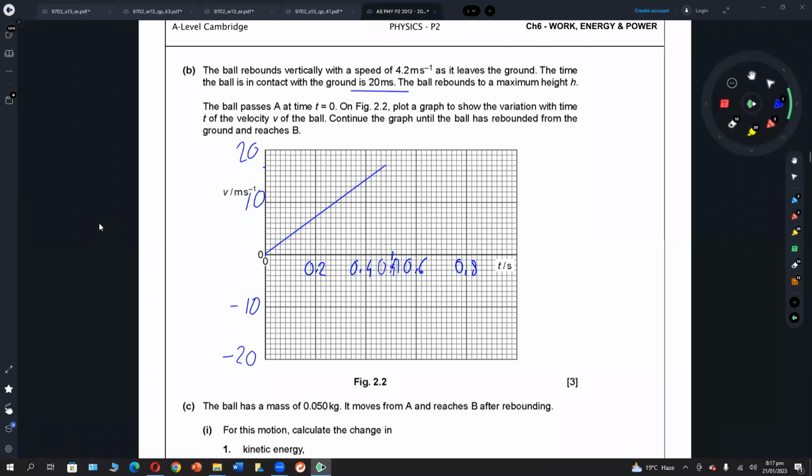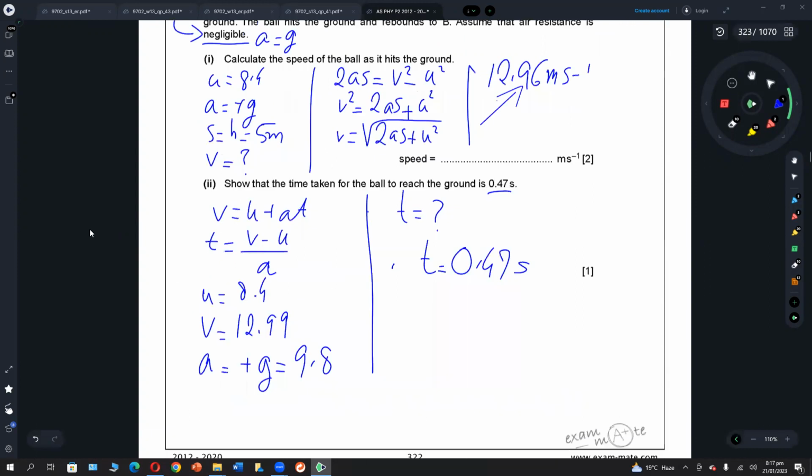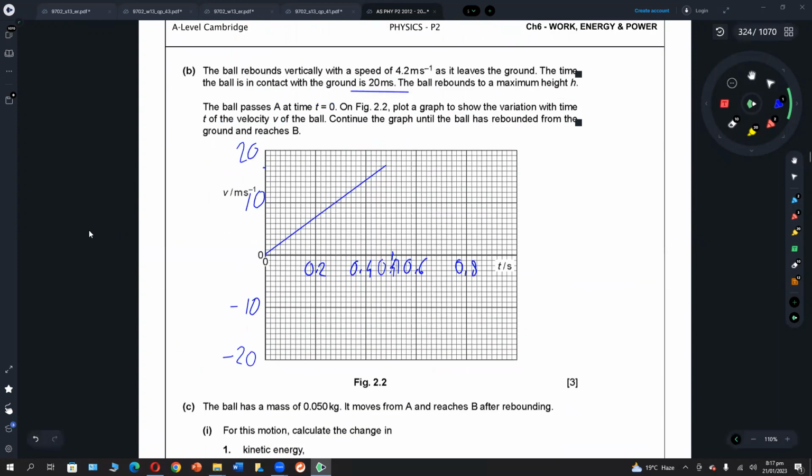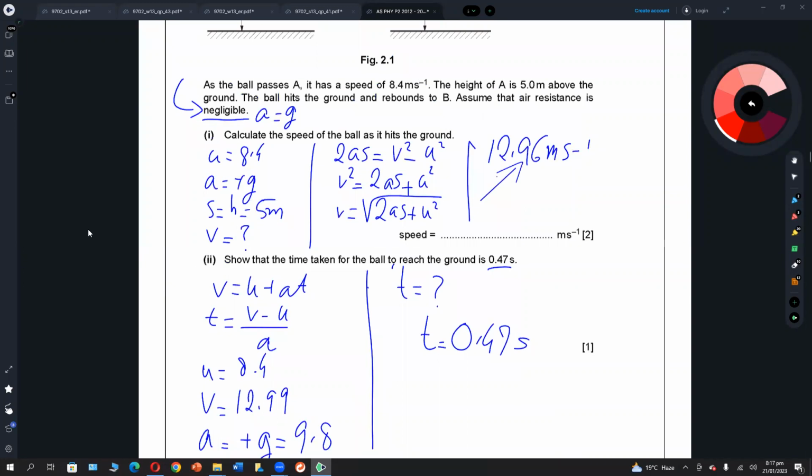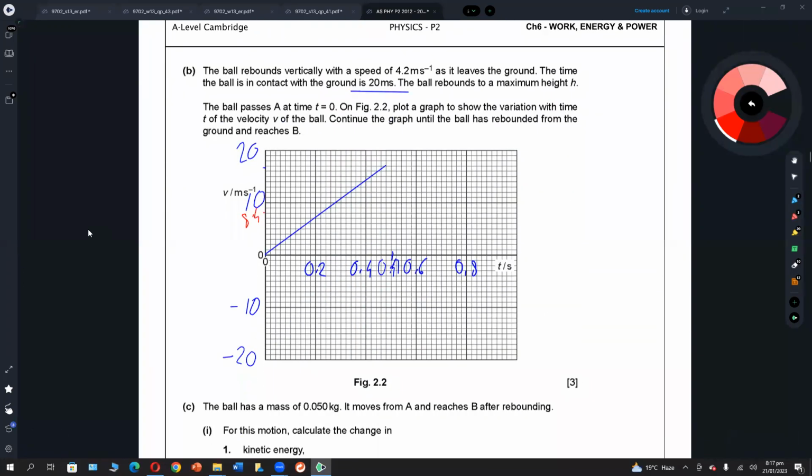So I can plot here, and he's saying the first point is 8.4. So 8.4, I'm putting here. Then later the velocity we got was 12.96. Where will 12.96 come? Approximately here. 12.96 here.